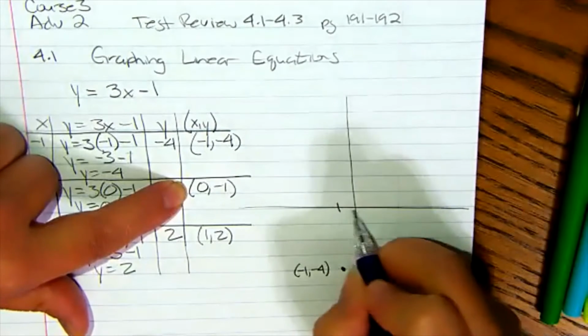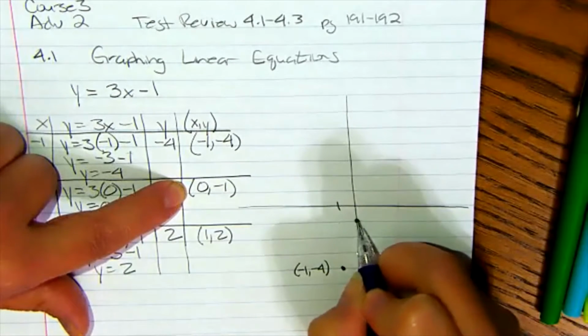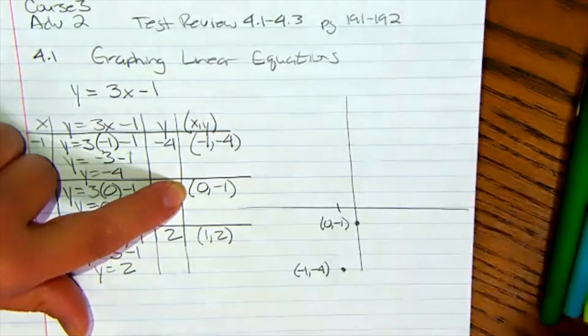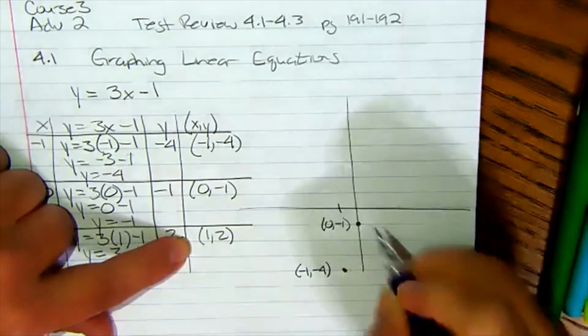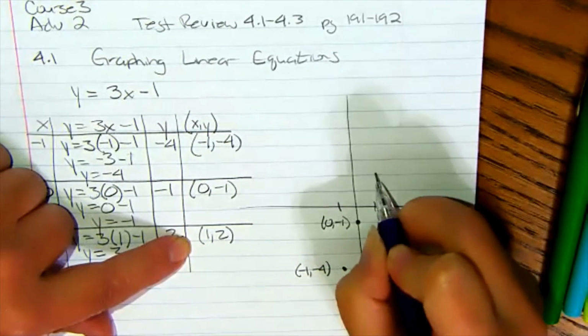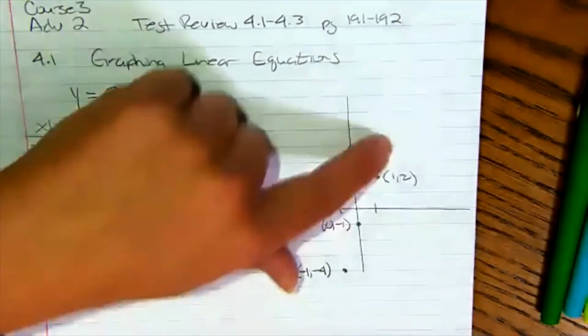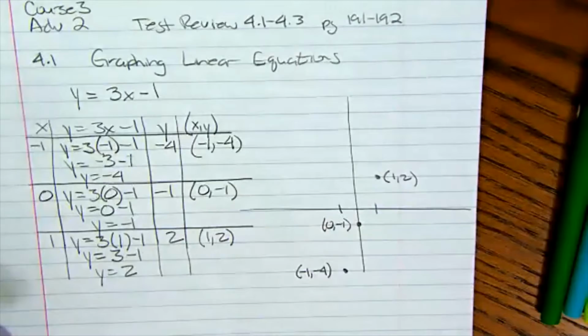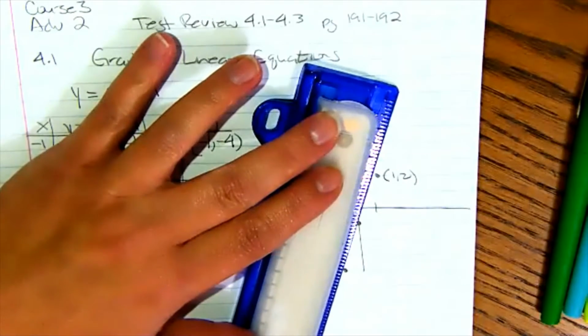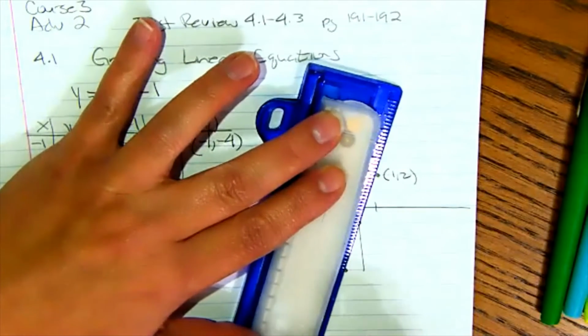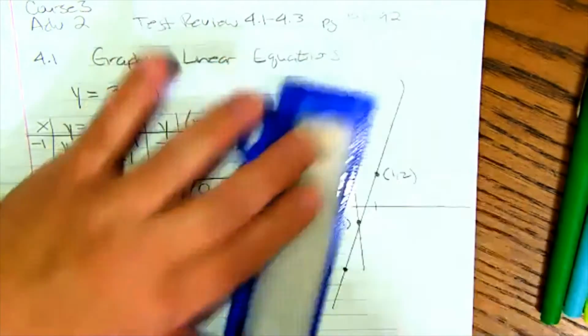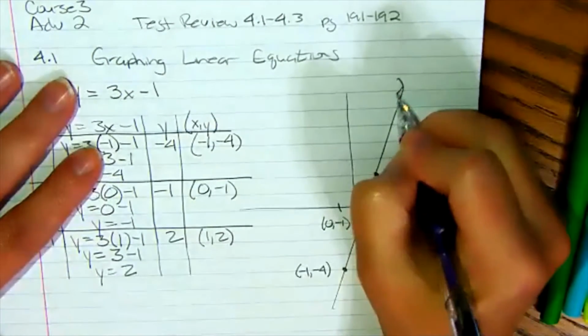My second ordered pair is 0, negative 1. And my third ordered pair is 1, 2. So I've plotted my 3 ordered pairs, and now I will use a straight edge to connect my points.